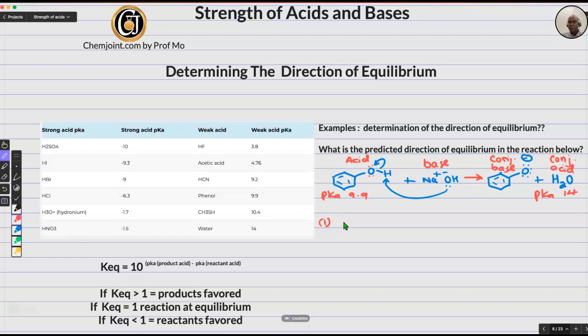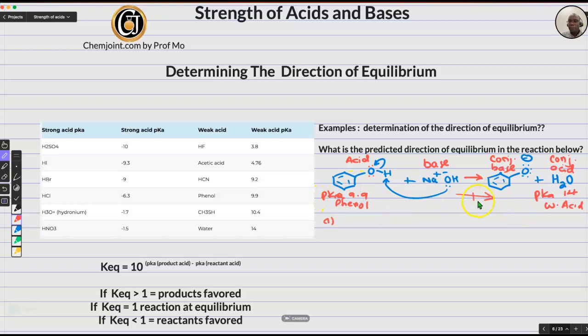So let's determine using method 1. The equilibrium lies on the side of the weak acid. If you look carefully, you'll see that the water has a higher pKa than the phenol. So the equilibrium is likely to lie on the right side. Using method 1 of comparing pKa's, where equilibrium lies on the side of the weaker acid, water here is the weaker acid of the two between water and the phenol.